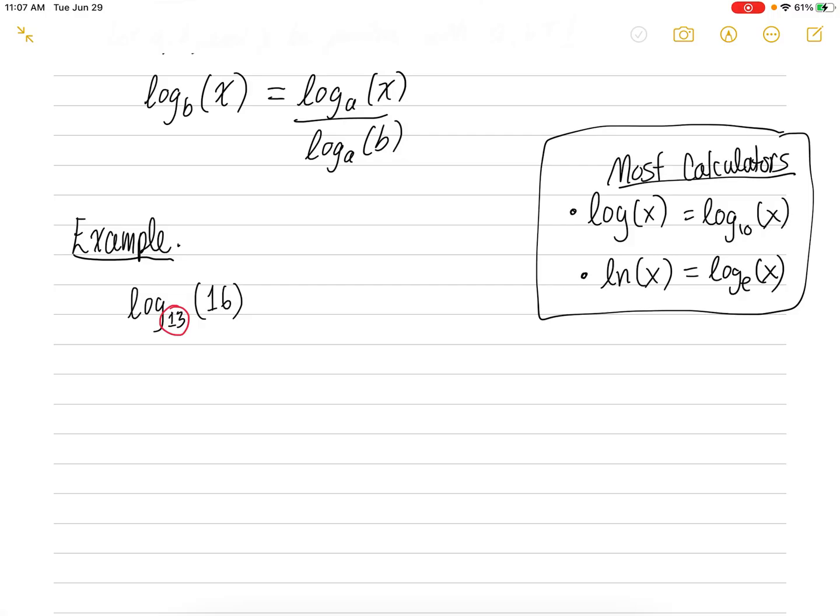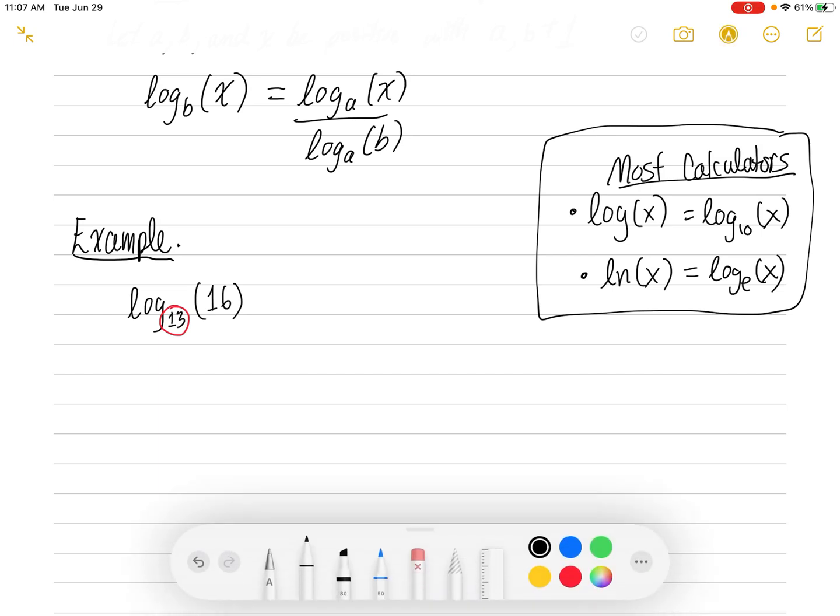So the question is, how would you calculate something if it's not base e or base 10? Like in our problem, how do you calculate the log base 13 of 16? Well, use the change of base formula.